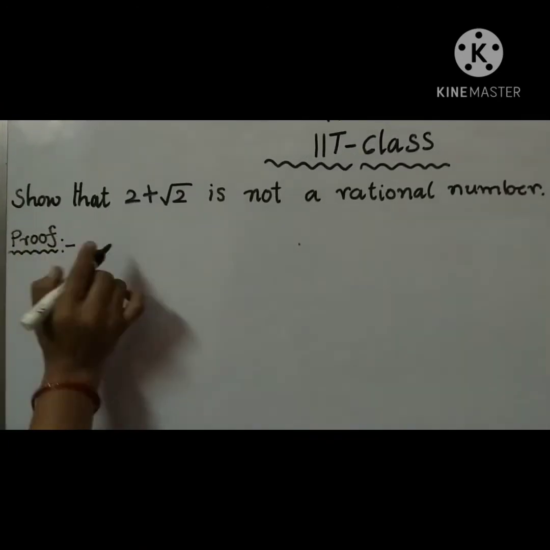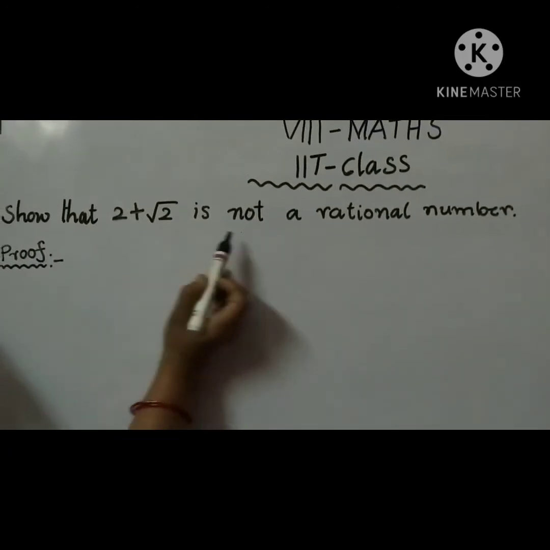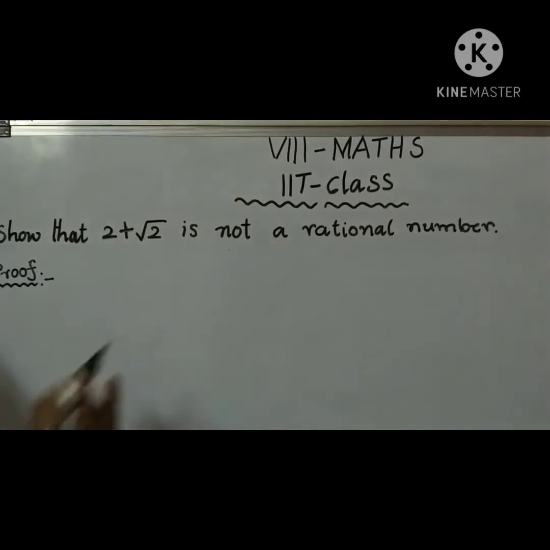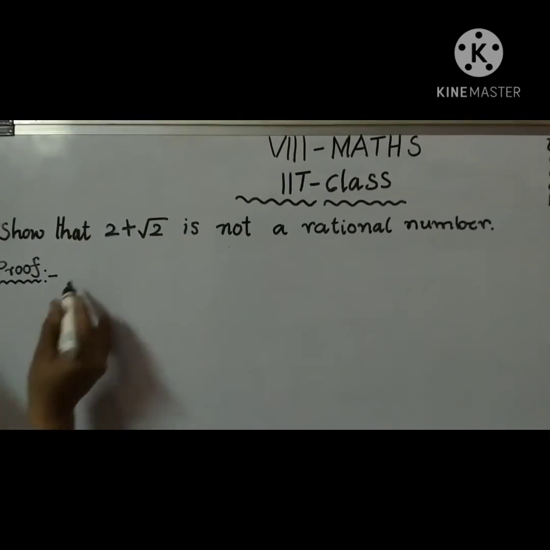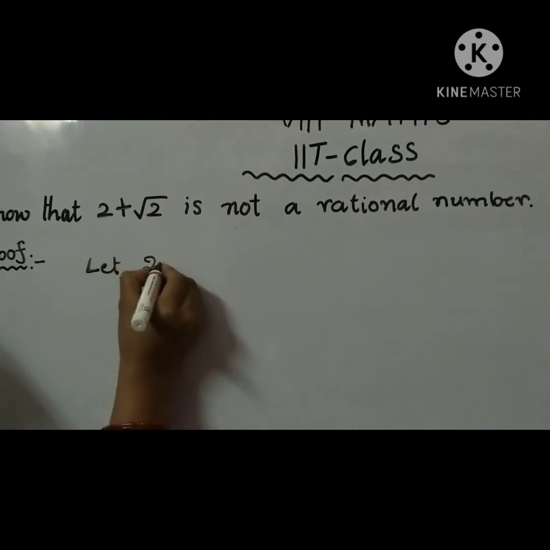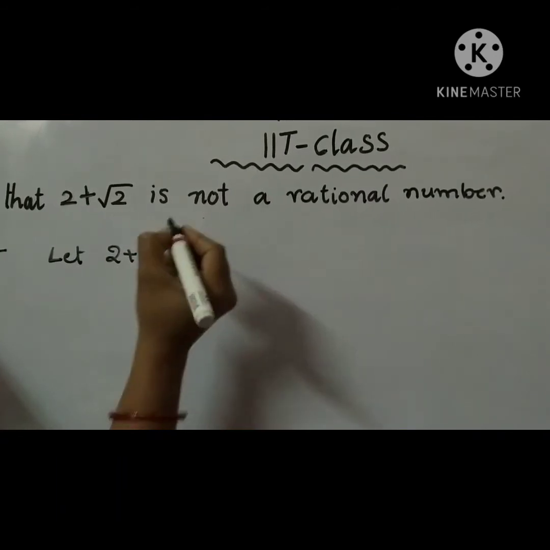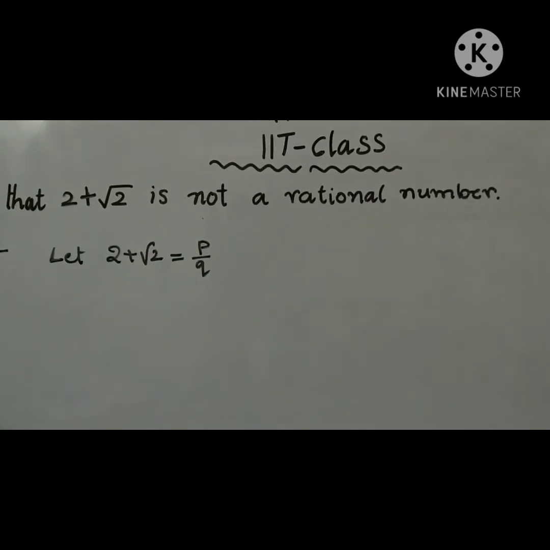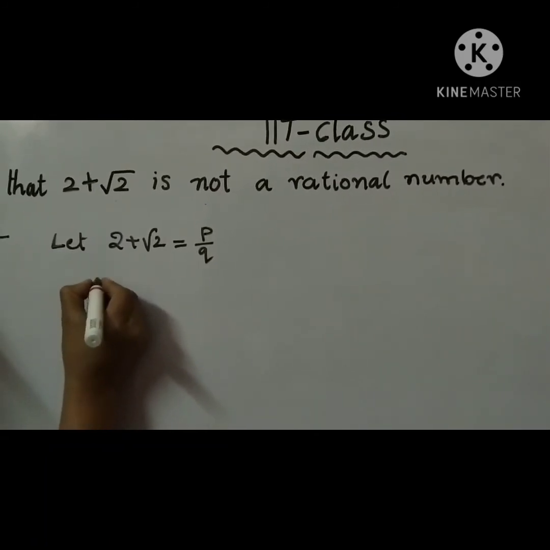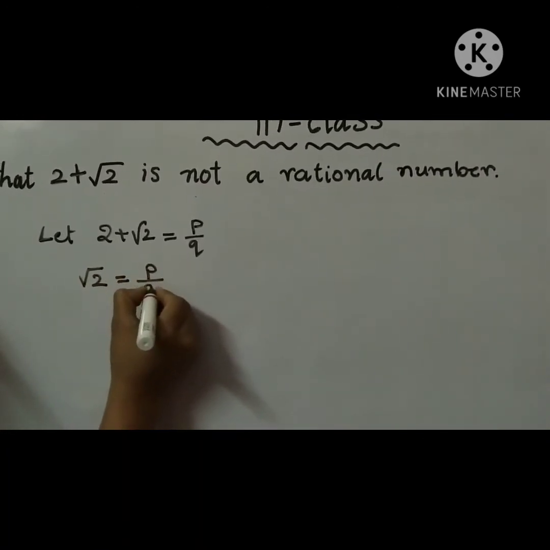Next, show that 2 plus root 2 is not a rational number. It means 2 plus root 2 is an irrational number. Prove that. Okay children, so here let us suppose 2 plus root 2 is equal to p by q.